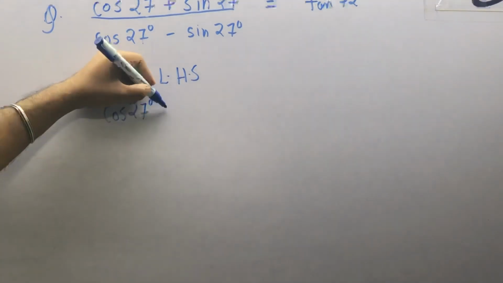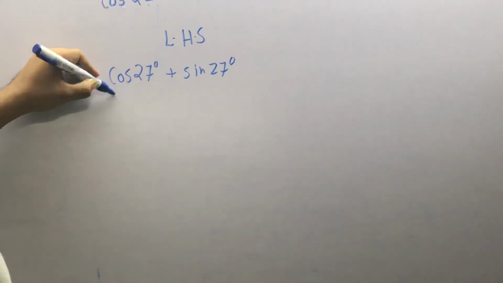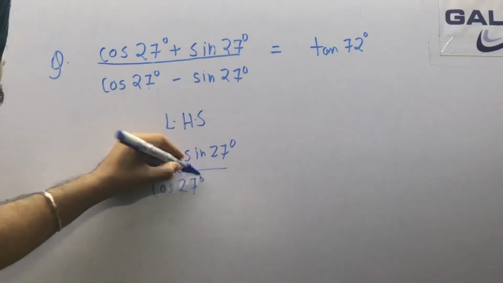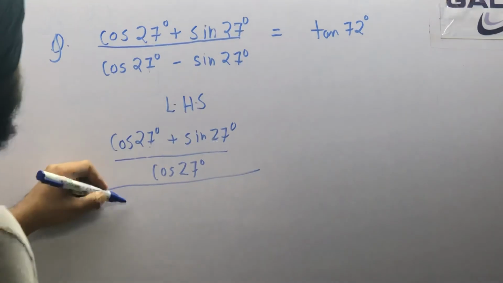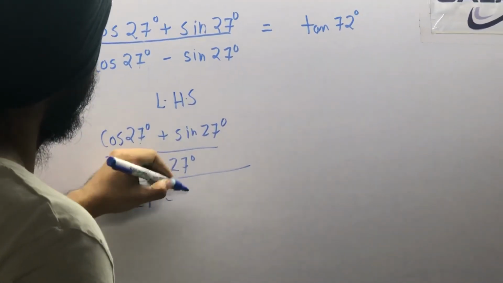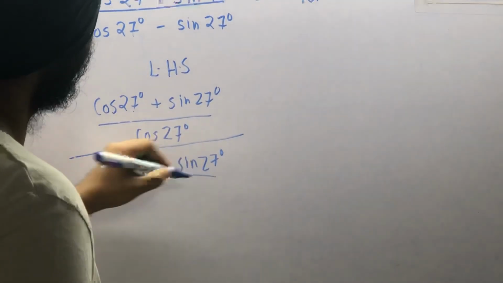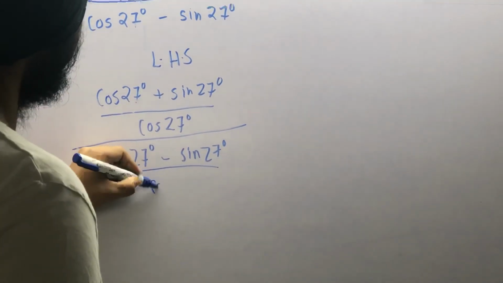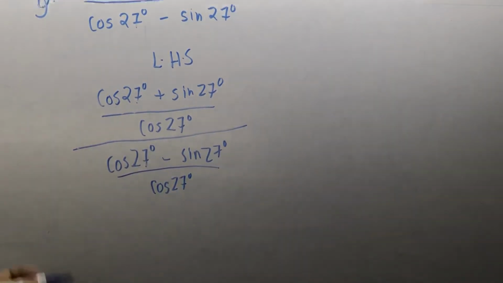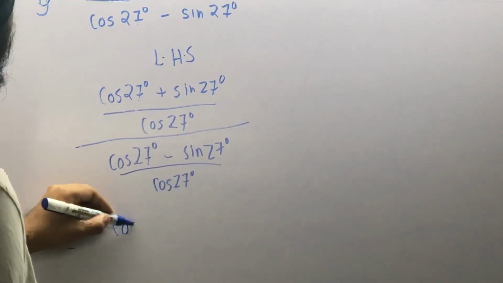Just divide both numerator and denominator by cos 27. Now just separate the bracket, this division sign.